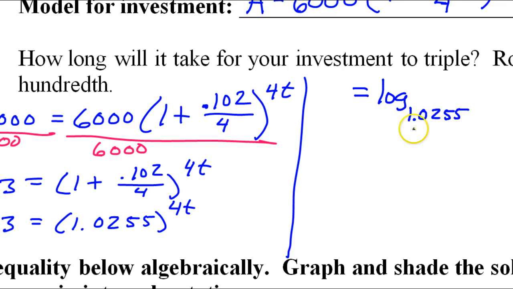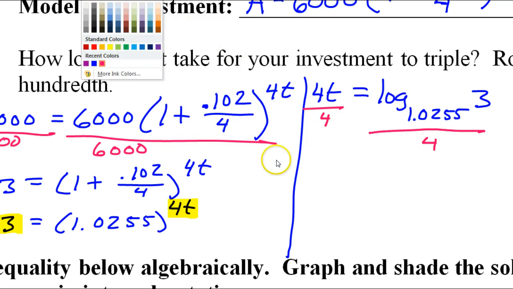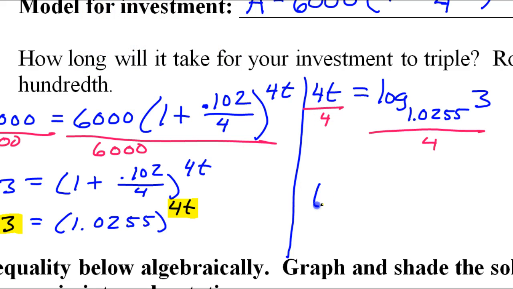Do not round this. Everything else changes sides. So the 4t and the 3 change sides of the equation. So the 4t is going to wind up over here, and the 3 is going to end up here. Okay, so to get t by itself, I'm going to have to divide both sides by 4, like this.